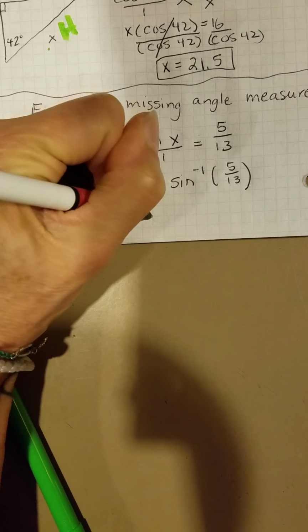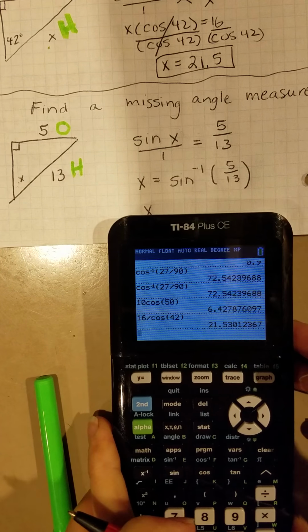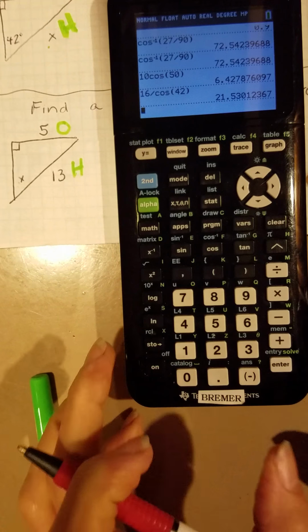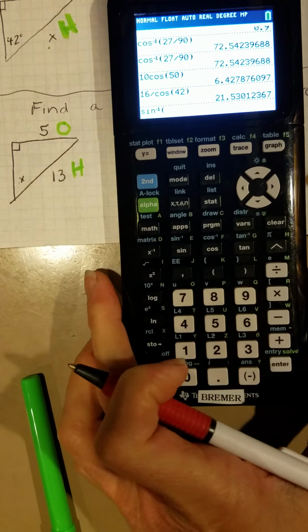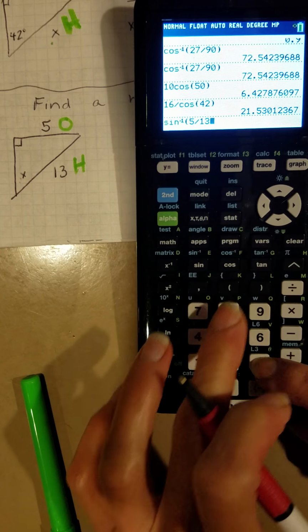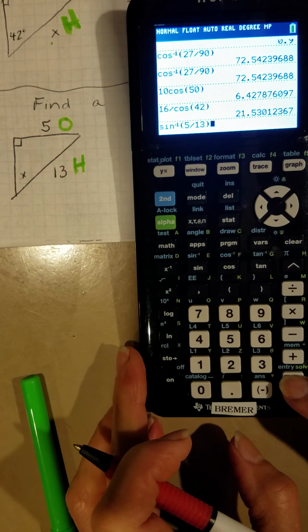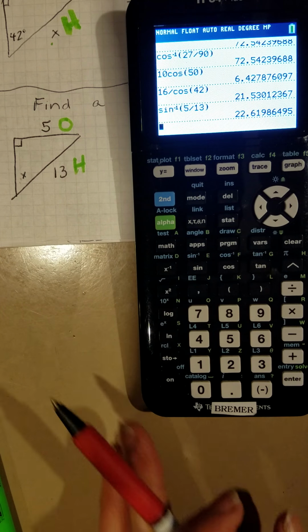So I'll show you how to put this in your calculator in case you forgot. We need the blue buttons here. So second sine, and then inside the parentheses, I'm going to put 5 divided by 13, end parentheses, and hit enter. And I get 22.6 degrees.